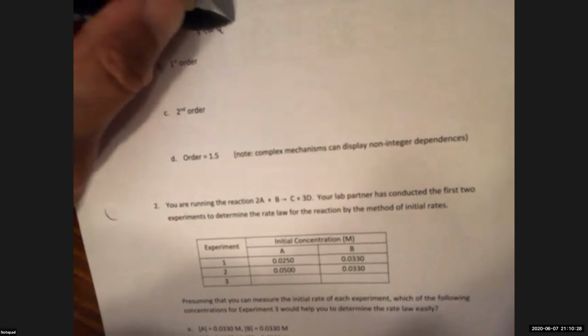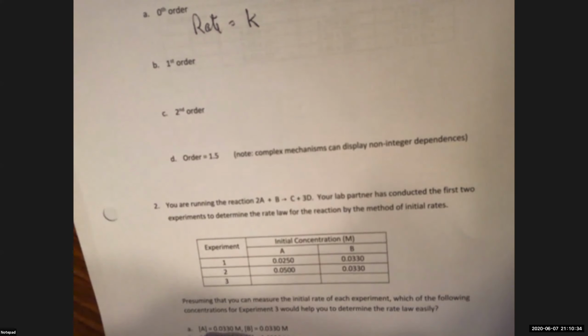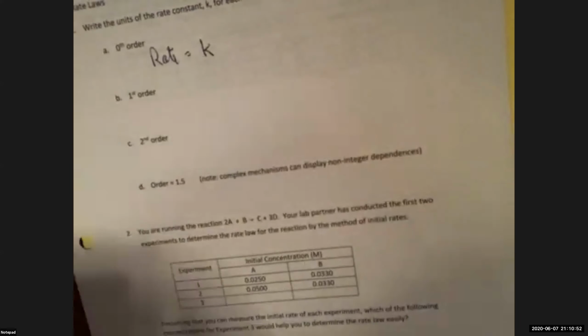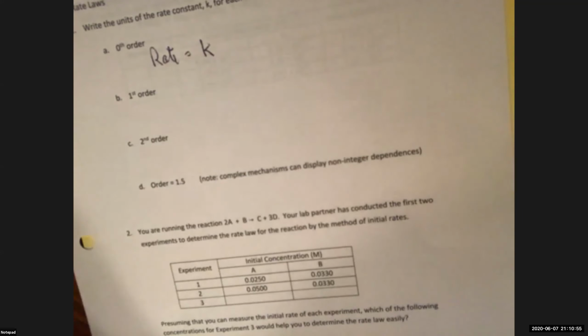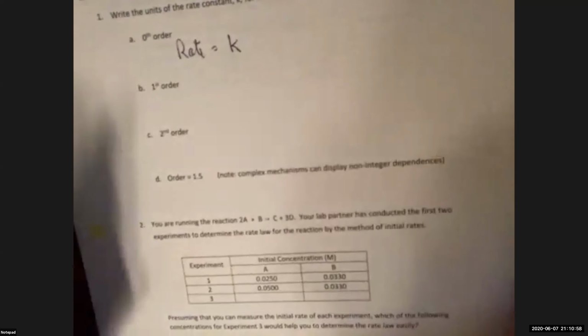A zero order reaction looks like this: the rate just equals k. Remember, the unit for the rate was molarity per second. So the unit for the rate constant is molarity per second.